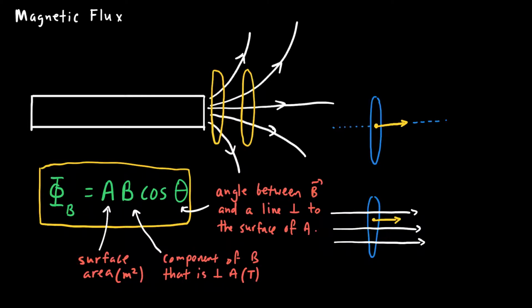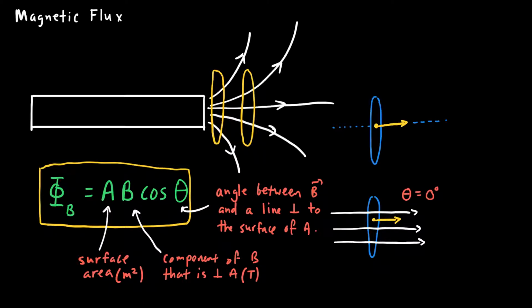And so what is the angle between the direction of the magnetic field and the line that's perpendicular to the surface of A? That angle is 0 degrees, right? So in the picture that I've drawn here, theta will be equal to 0 degrees.